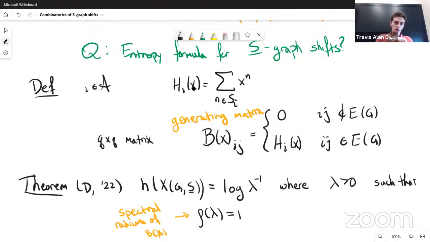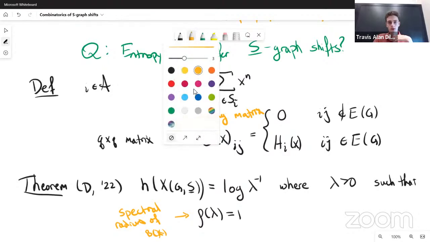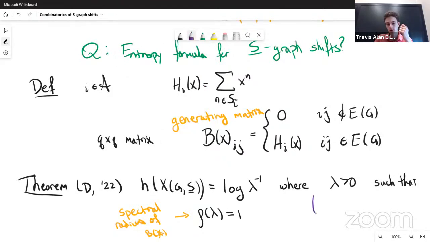Another part of this theorem, I'll write it in another color, is that lambda exists and is unique. So this is the theorem, and the overall form is very similar to the S-gap formula, where we have this formula up here, subject to lambda satisfying some equation.